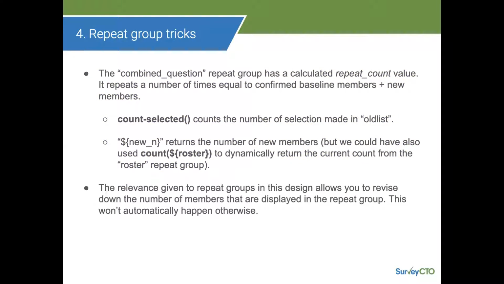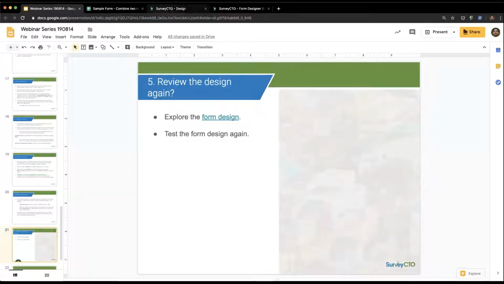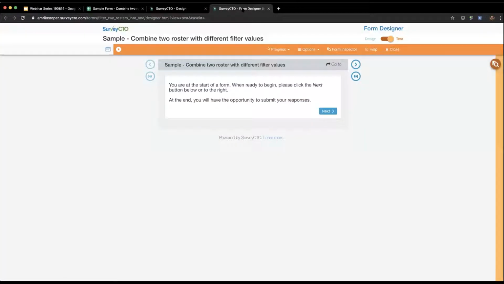So I realize also that in our presentation, we hadn't actually tested the form design. So let me walk you through a test of what we did. So I happen to have loaded up the form design in the test view.